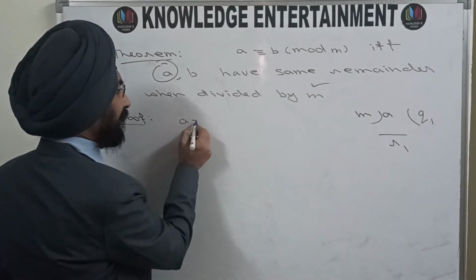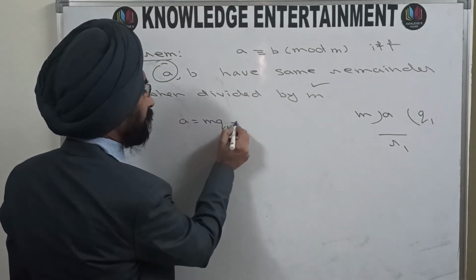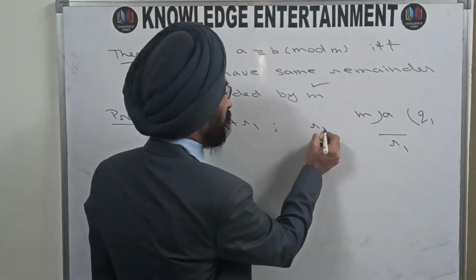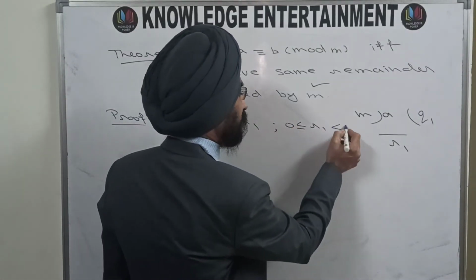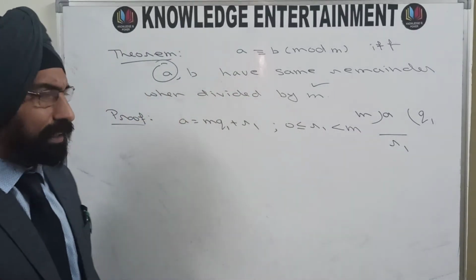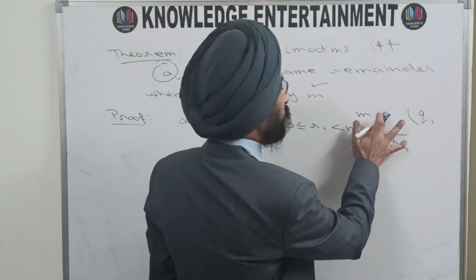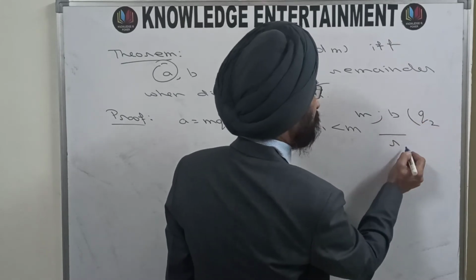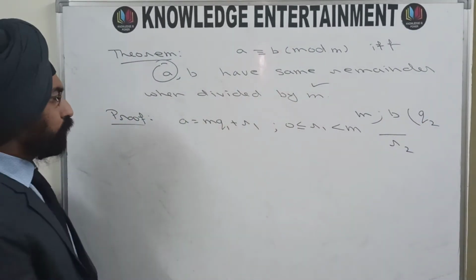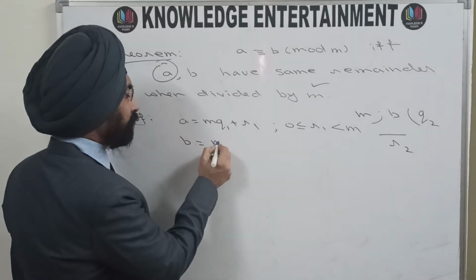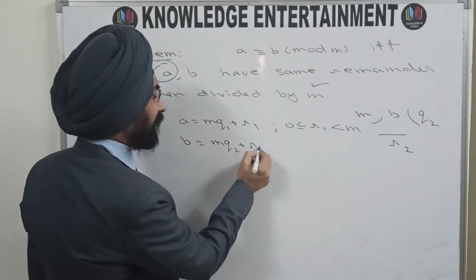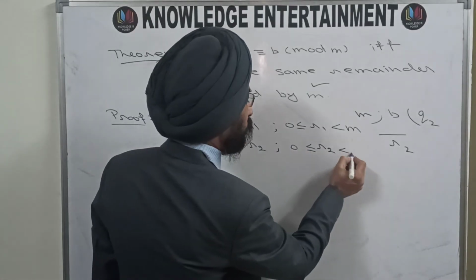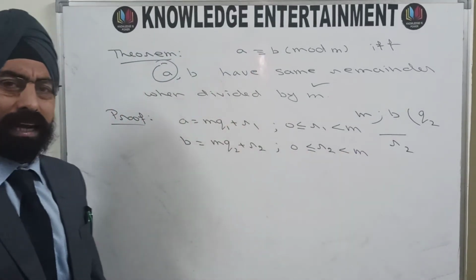You can write A as M Q1 plus R1, where R1 is greater than or equal to 0 but strictly less than M. Similarly, suppose when you divide B by M, quotient is Q2 and remainder is R2. So B can be written as M Q2 plus R2, where R2 once again is greater than or equal to 0 but strictly less than M.